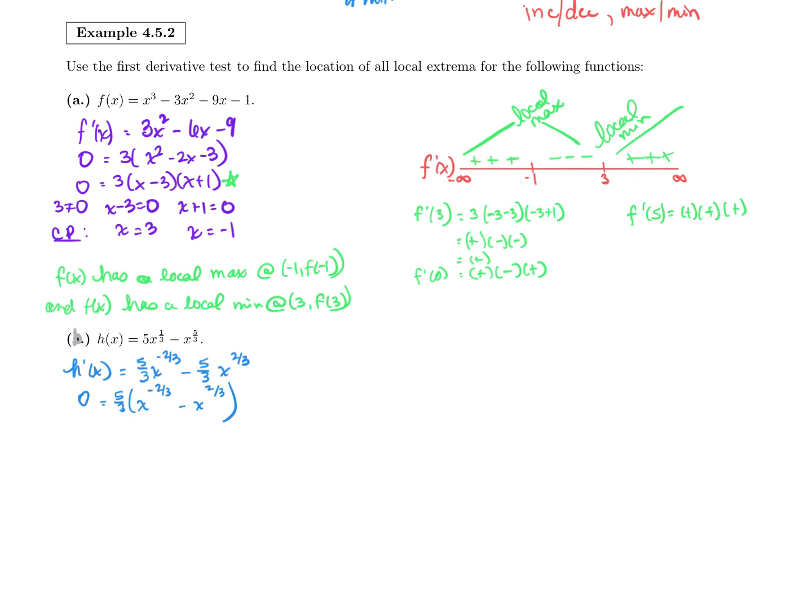Well, 5/3 is never going to be 0, so we don't have to worry about that. But now we have 1 over x to the 2/3 equaling x to the 2/3 over 1. And so here now we can multiply both sides by x to the 2/3. So we end up with 1 equaling x to the 4/3.